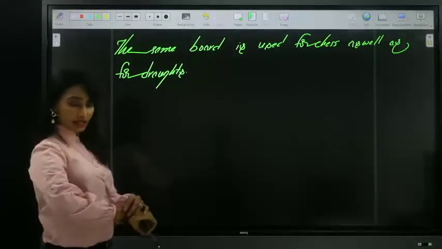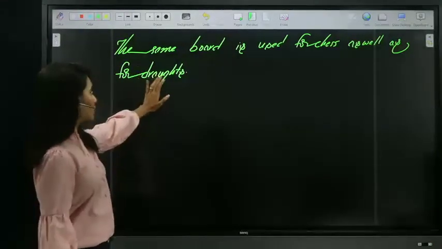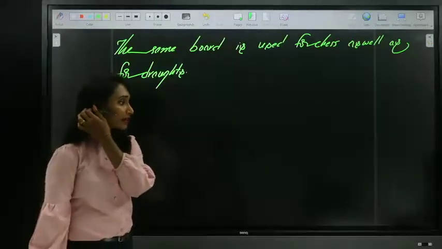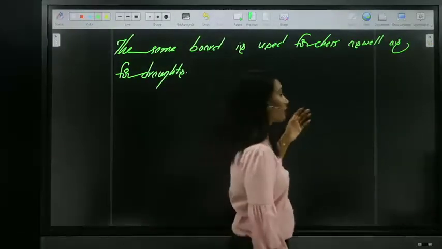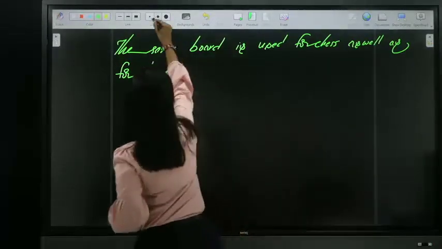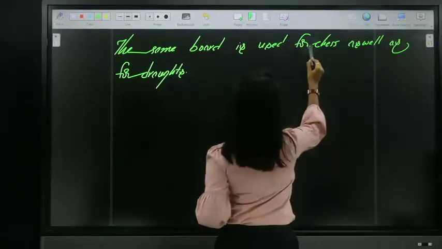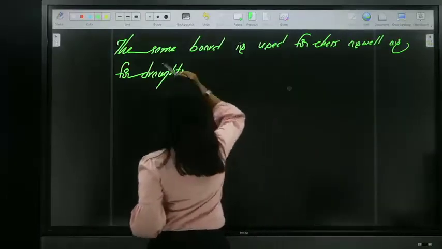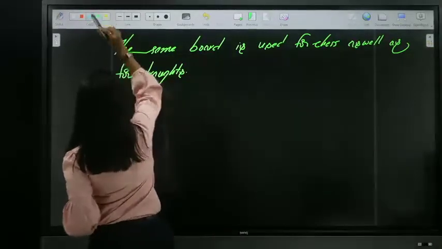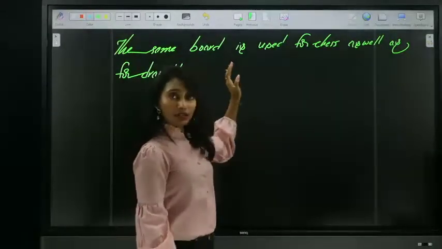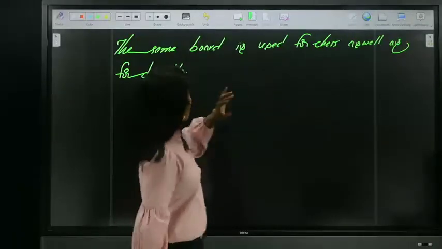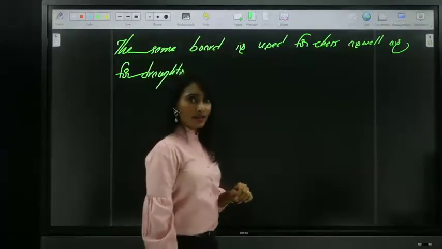Now, guys, quick, what is the error in this sentence? Did you find any error? The same board is used for chess as well as for draughts. Do you find any error here? The same board is used for chess as well as for draughts. Any error?